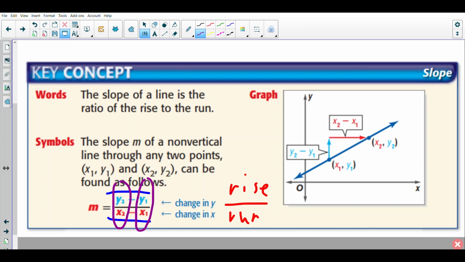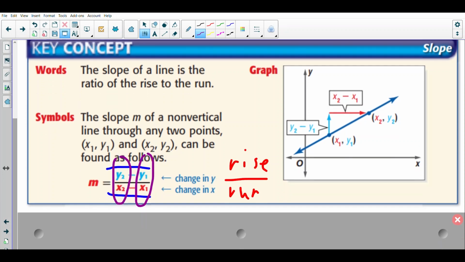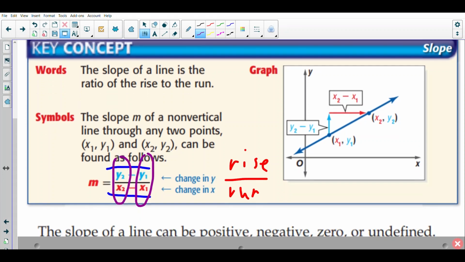Do not invert one of those, because your answer will be incorrect. It does not matter which one is x1 or x2, as long as you keep them together. We have multiple classifications of a line's slope. The slope can be positive, negative, 0, or undefined. We'll go through that here in a bit.